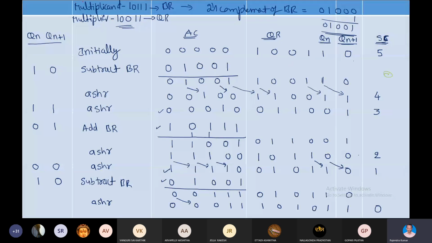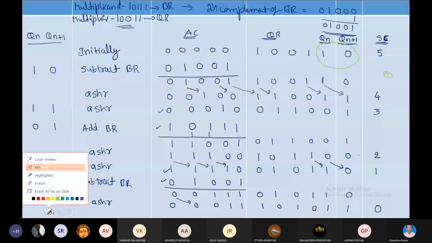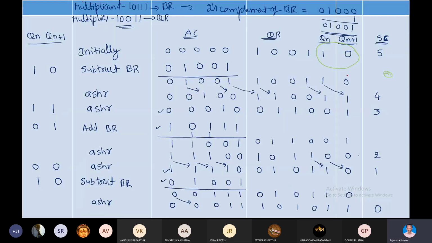We are checking Qn and Qn plus 1. If it is 1, 0, we'll do the subtract operation and shifting right operation. And if it is 1, 1, we will just do arithmetic shift right operation.